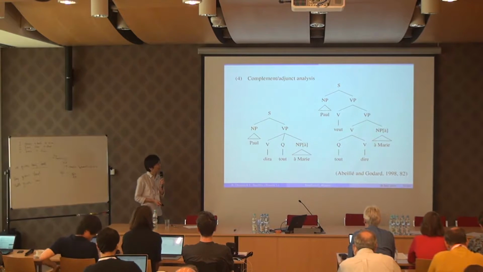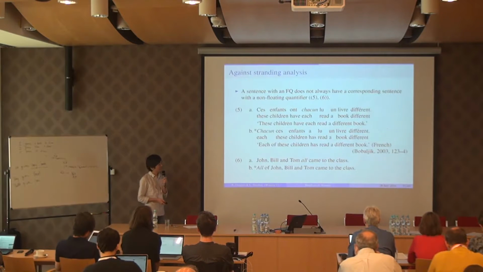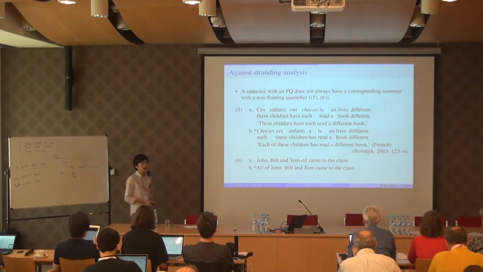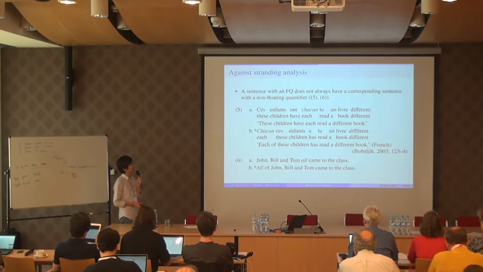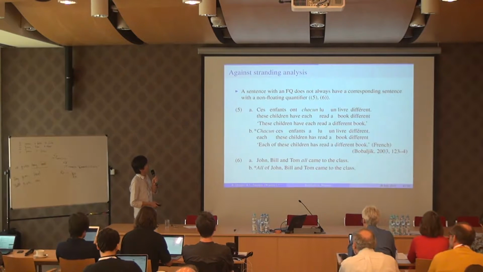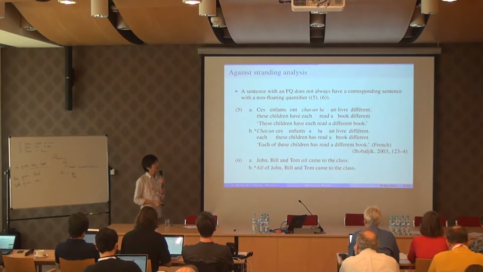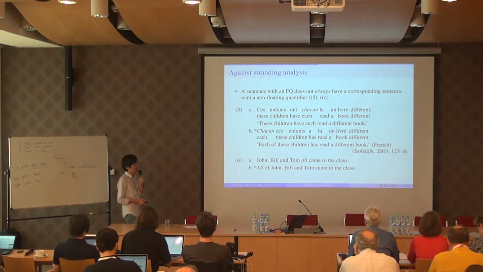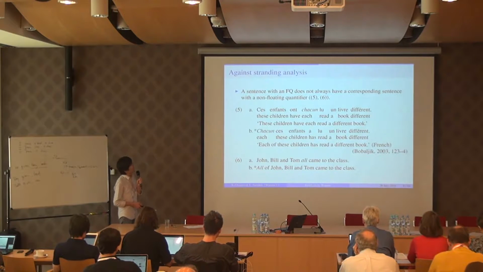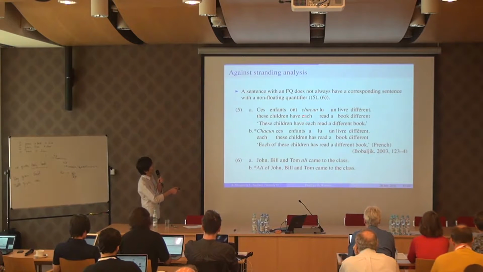To justify our approach, let me first introduce some counter-arguments against the stranding analysis. Right, the first argument comes from the fact that a sentence with a floating quantifier does not always have a corresponding sentence with a non-floating quantifier. If you think about examples in French like 5, the quantifier each appears at the VP edge.